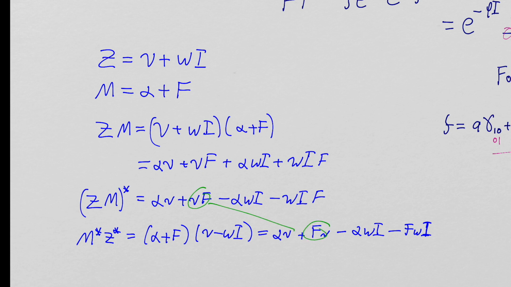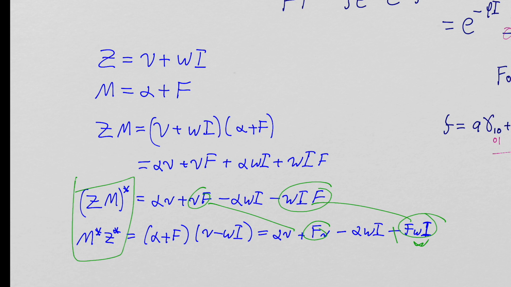And then this is also different from this, right? And F and V don't commute. And you could commute the I and the W, and then you would get a positive sign, but that would be wrong too. So this is just a demonstration that this doesn't work in general for multivectors.